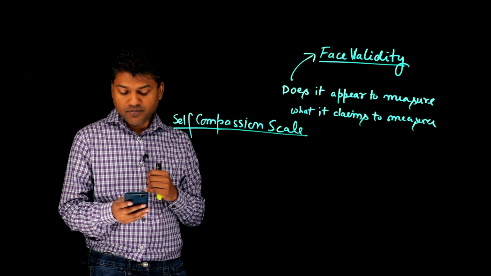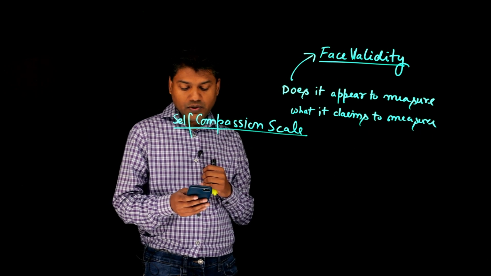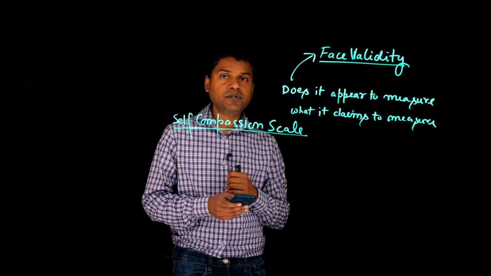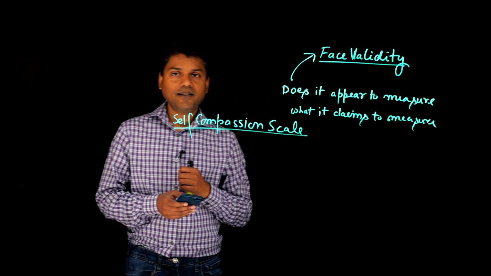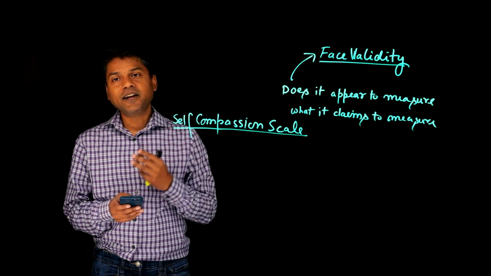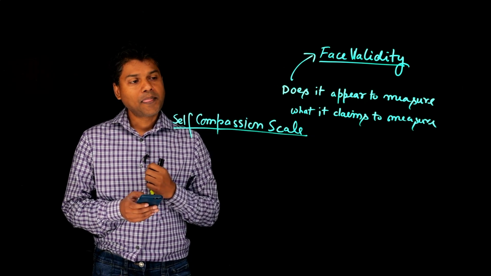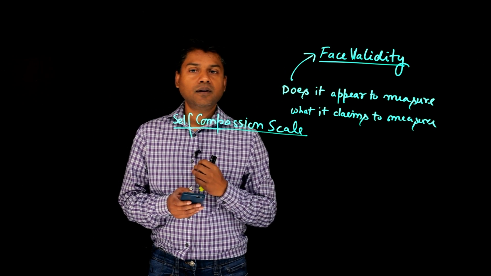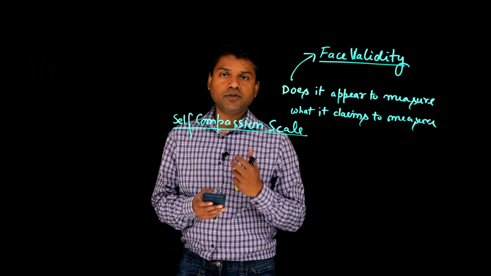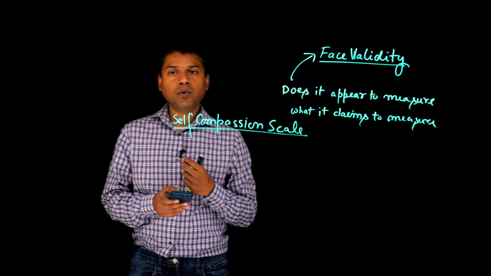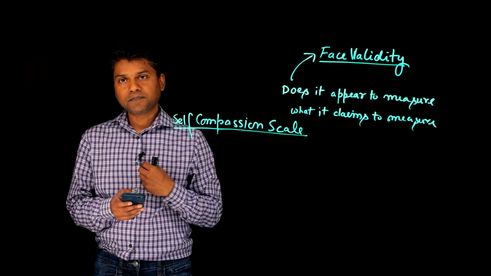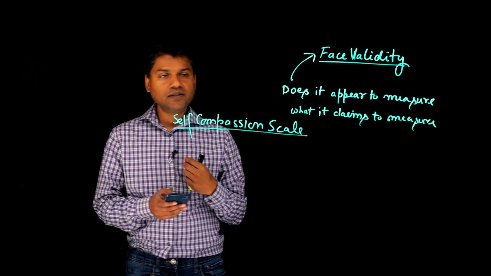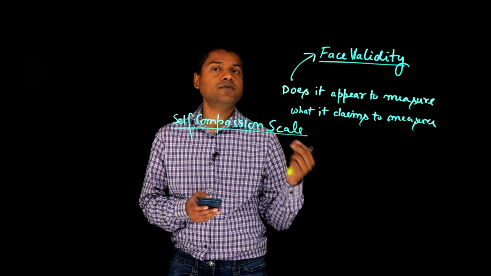When something painful happens, I try to take a balanced view of the situation. So all these 3 items that I read, you can guess that they seem to measure one's attitude and experience about self-compassion. So this is what we call face validity.